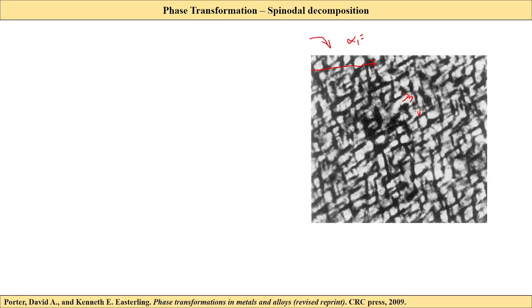Now, what are these effects? A positive double derivative means the slope of the free energy curve is positive. That means if we change the composition, the free energy change will be positive, right? So there is a need for nucleation to happen.